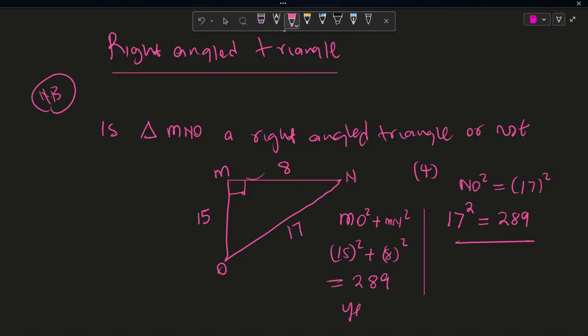So the answer is yes. Why are you saying yes? MN squared plus MO squared is equal to NO squared. Did you get it, guys?